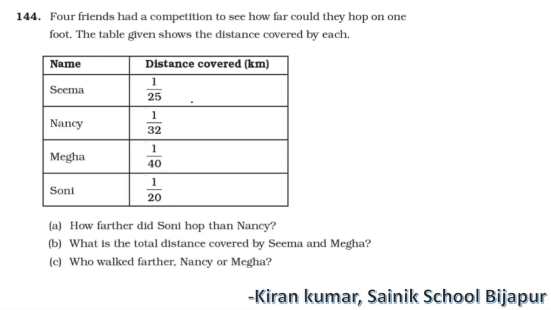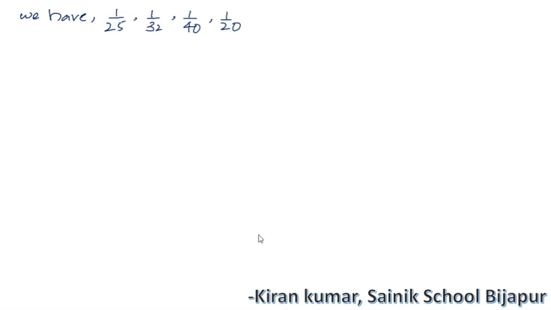We have 1 by 25, 1 by 32, 1 by 40, 1 by 20. Let me cross check again. 1 by 25, 1 by 32, 1 by 40, 1 by 20. Let me express each one of these rational numbers with like denominators.